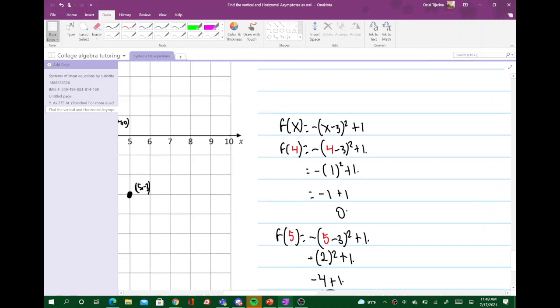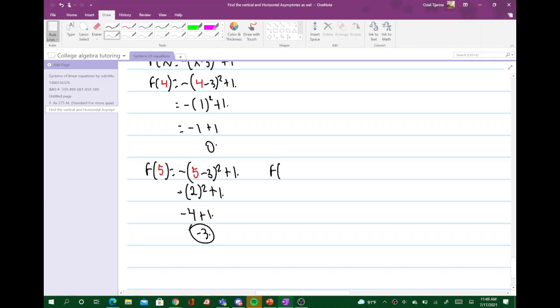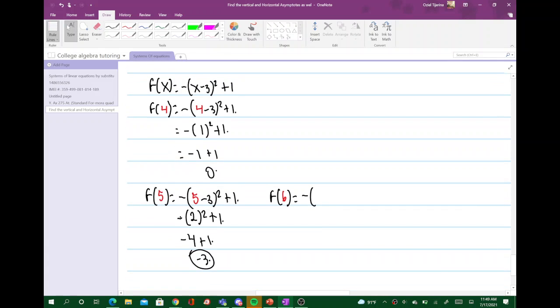So when x equals 6, we can do one more. When x equals 6, we can say that we have negative the quantity, and again, up here is our function, right? This is our function. So we have negative the quantity 6 minus 3 squared plus 1, right?